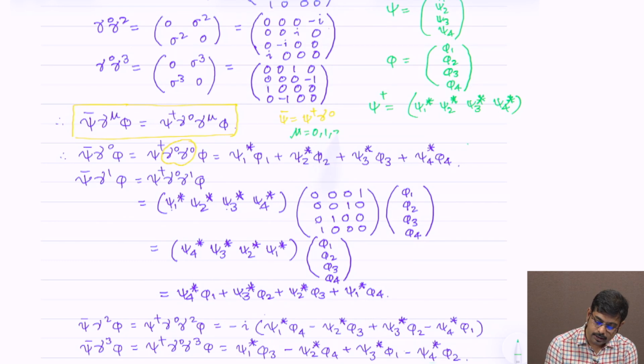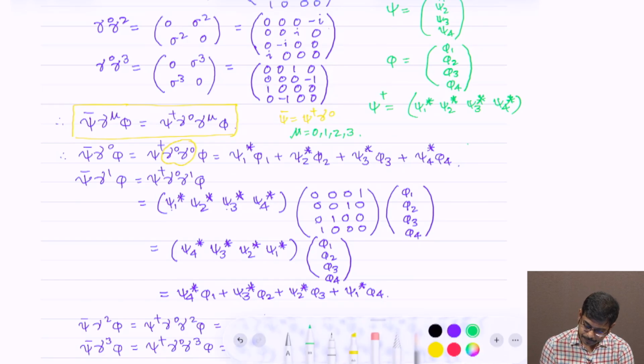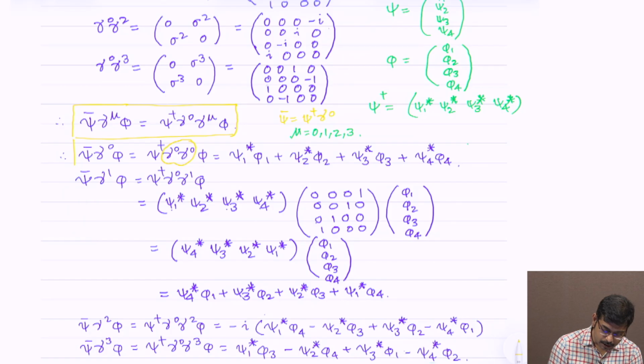So, I can ask what the individual components of this current are that I want to find out. So, psi bar gamma 0 phi is simply this quantity, and now I am calculating the next one, which is psi bar gamma 1 phi.